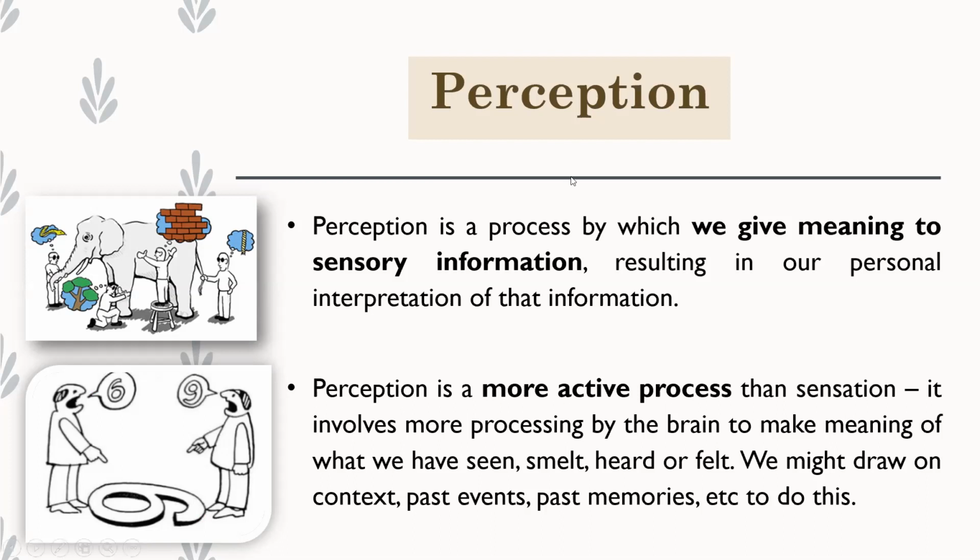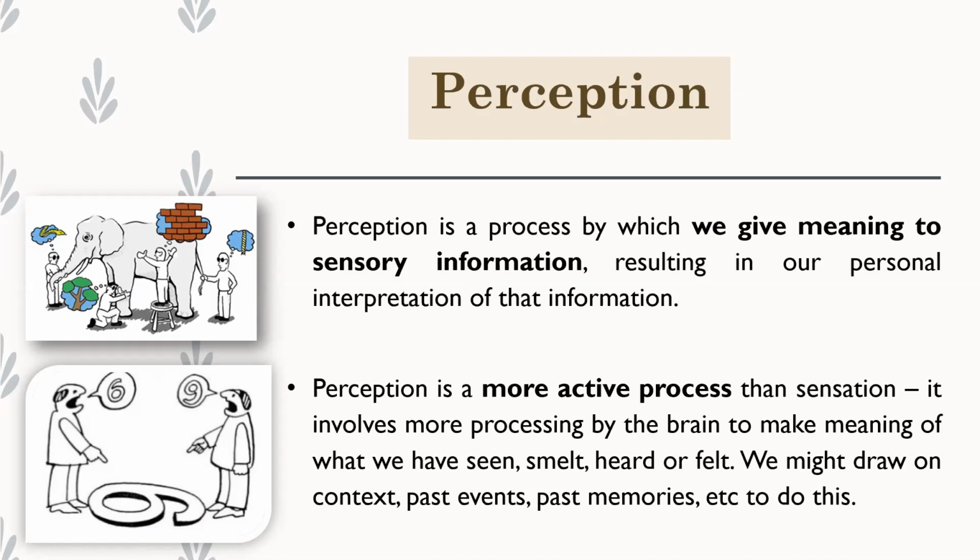Perception, though, is a little bit different, okay? Perception is basically how we make sense of that sensory information. So you might have 3 people looking at the same tree in the playground or in the yard, but those 3 people are looking at different parts of the tree, or they're making sense of that tree differently.